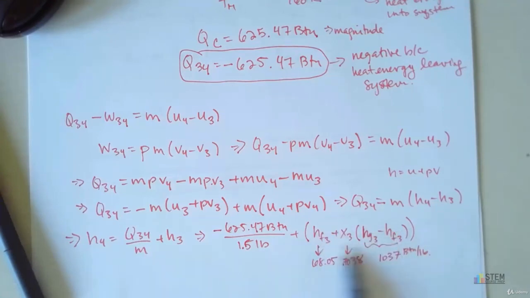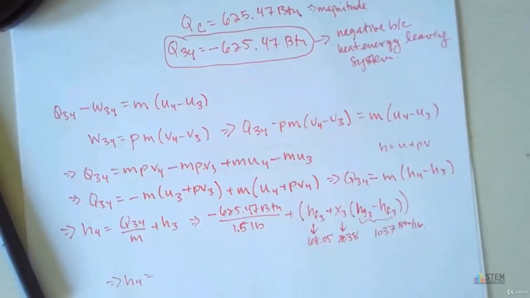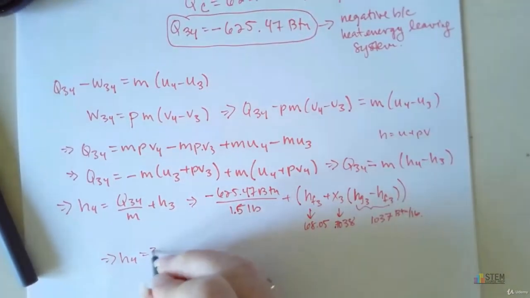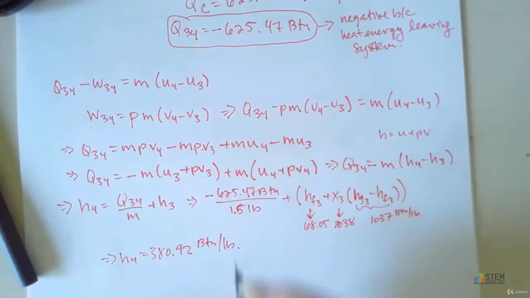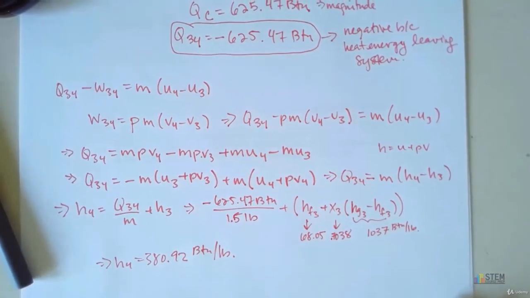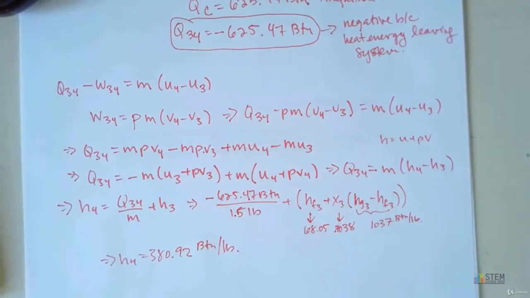All right, so then take that number, add it to this term, and then you'll get H4. So H4 is going to be 380.92. That's BTU per pound. So that's our enthalpy there. Now at this point, we've got a few of the things that we need.